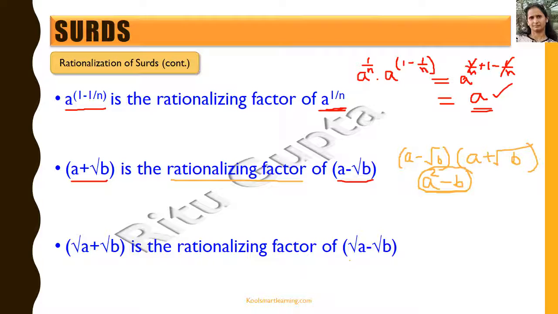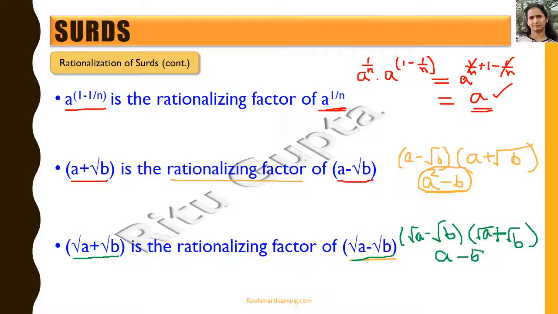And the third one is if we have a surd of the type root a minus root b, then we need to rationalize it. We multiply this with root a plus root b. Again we use the same identity, x minus y into x plus y is x square minus y square, which is square of root a is a minus square of root b is b.